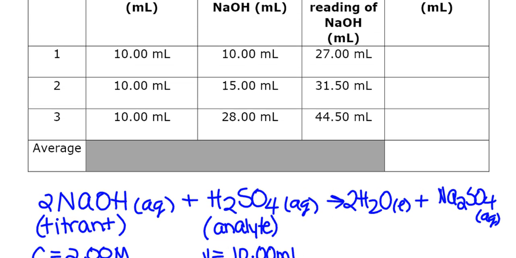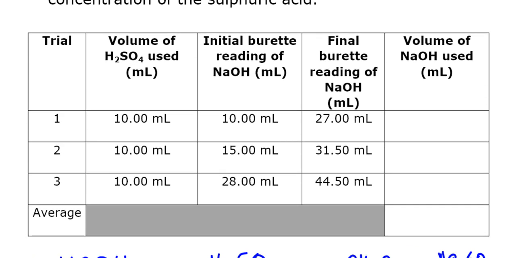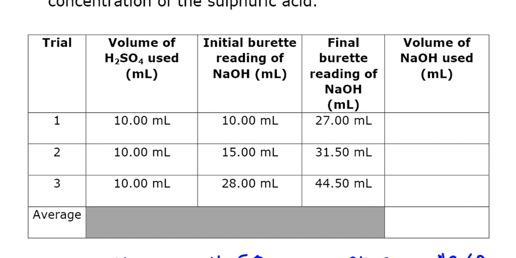So let's move that back up and take a look at this for a moment. So in our equation below, we've taken into account how much acid was used. Experiment was performed 3 separate times, every time the same volume was used. When we look, though, at our burette readings, we've got two numbers, a starting point and a final point. Here, if we want to find the volume of sodium hydroxide used, we need to do the change in volume.